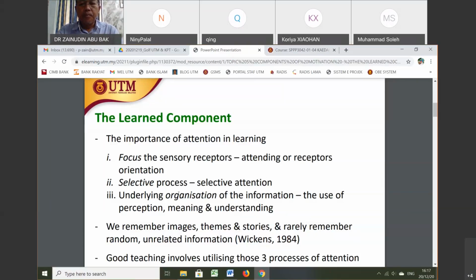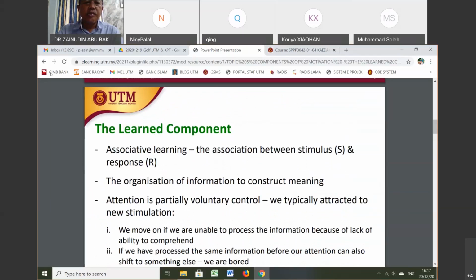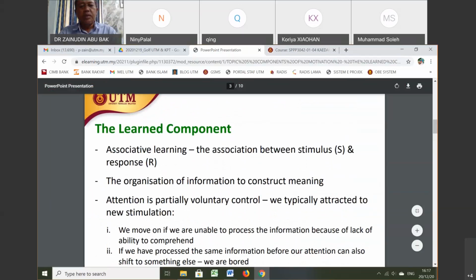Now, in relation to motivation, this is another thing. If you look back to the behaviorism, associative learning, right? The association between stimulus and response.